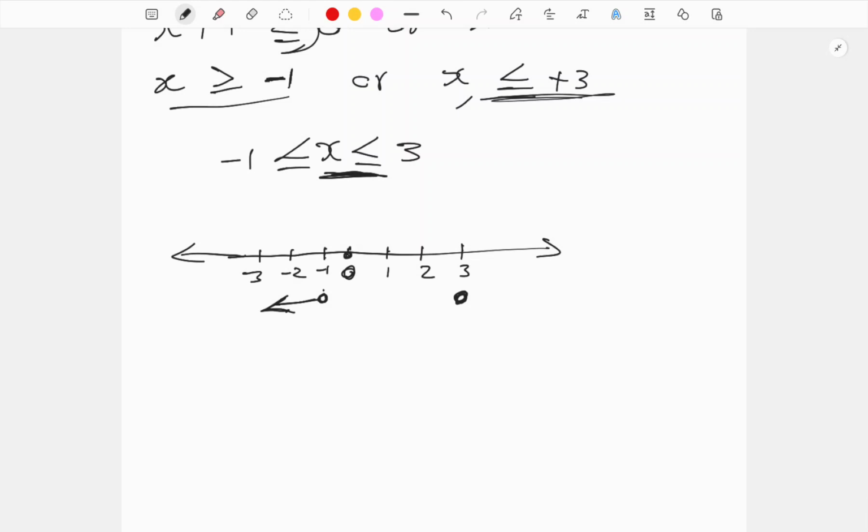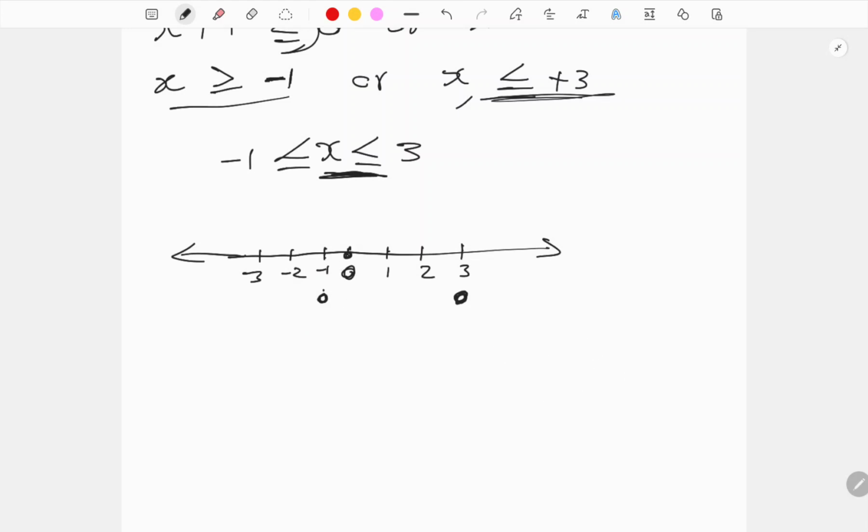But when you say greater than, you move to the right. Remember that: when it's less than, we move to the left; when it's greater than, we move to the right. Good.